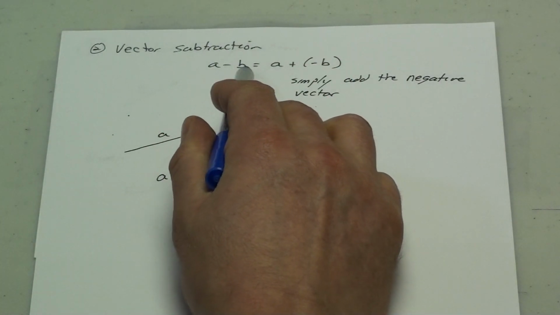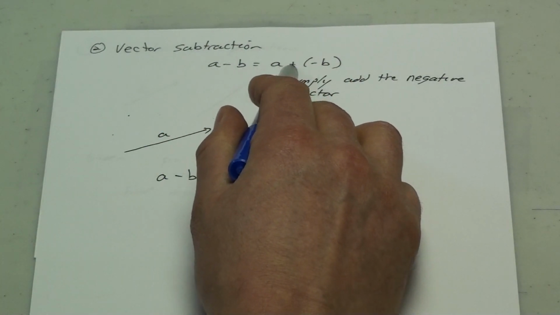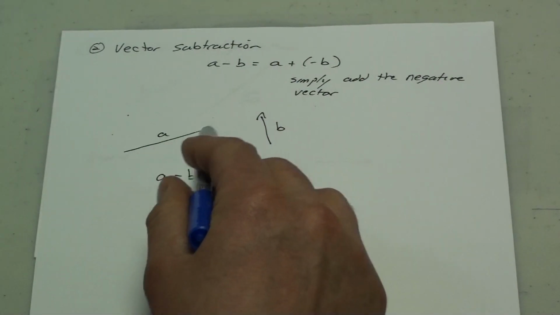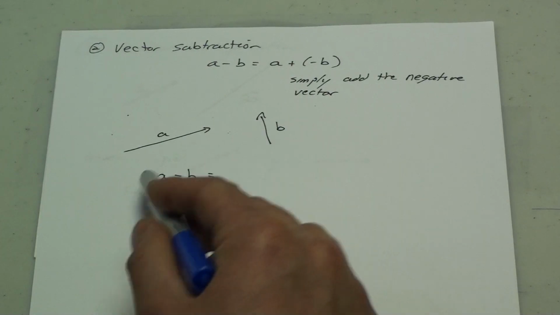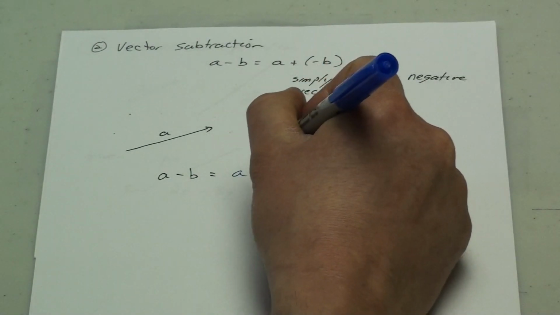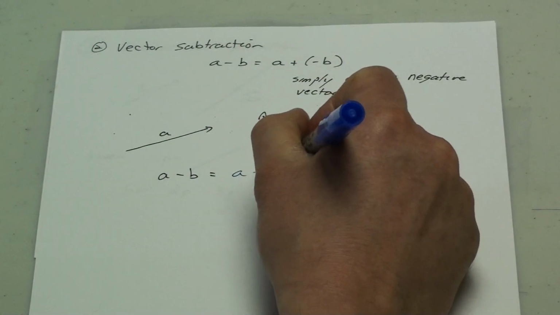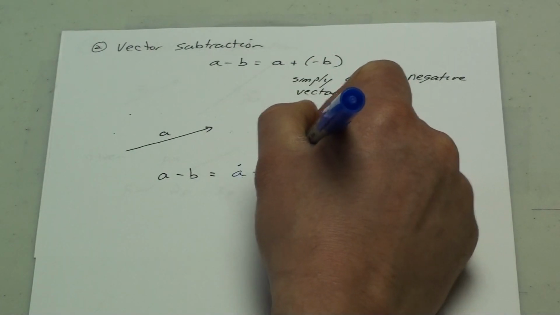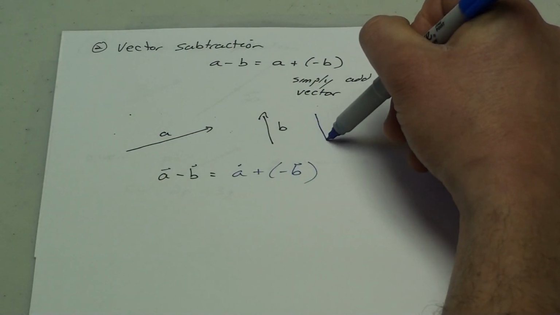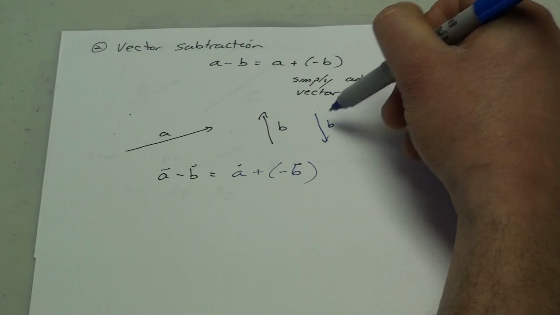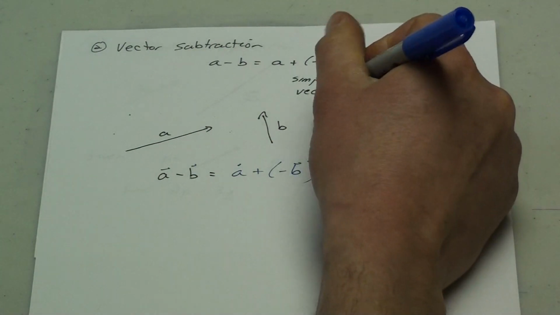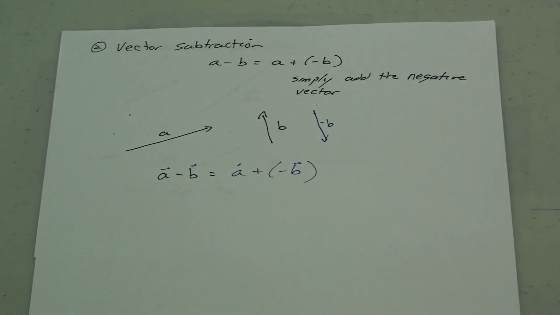So A subtract B is really just taking vector A and adding the negative of vector B. So here I have a new vector A, and a vector B. If I want to do A subtract B, that equals A plus the negative of vector B. So I can take vector B and draw it going in its exact opposite direction, same magnitude.